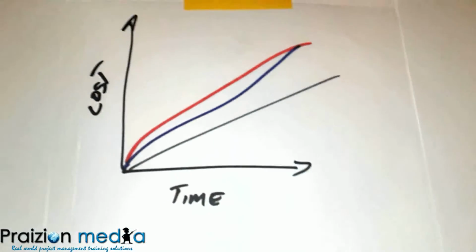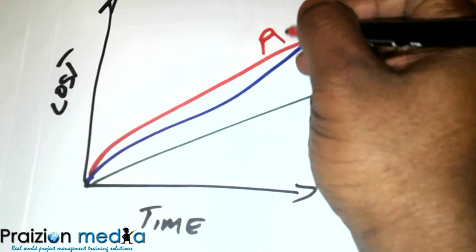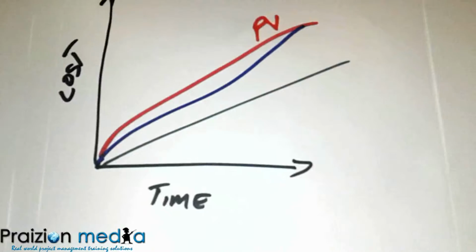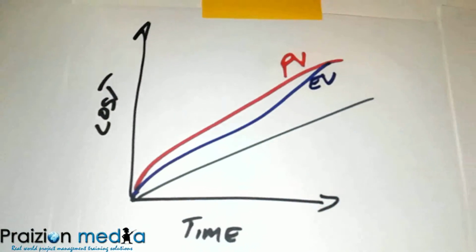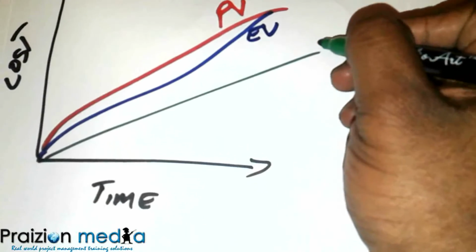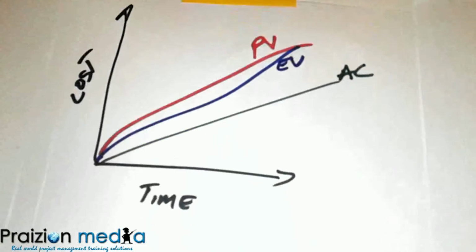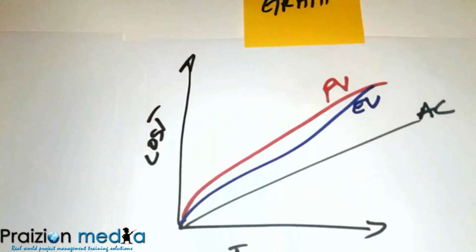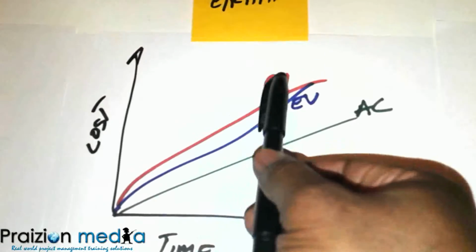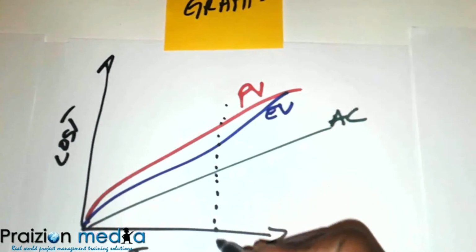So typically, the question would be, if this is plan value in red, earned value in blue, and actual cost in green, and let's say it continues until the project ends somewhere, but for now, I just want to get you familiar with what these all mean. Let's put a point X down here.